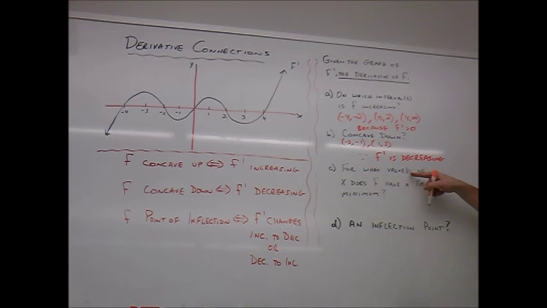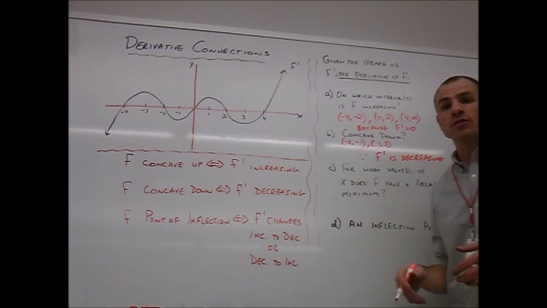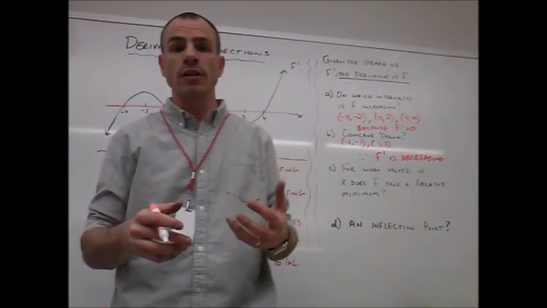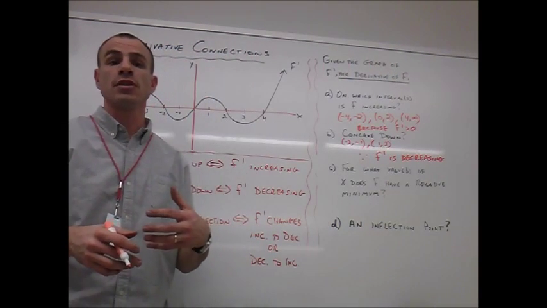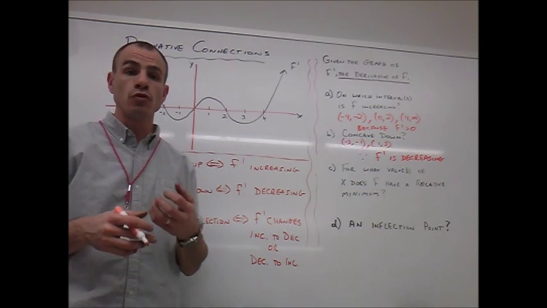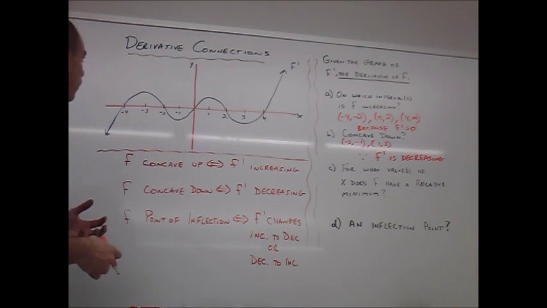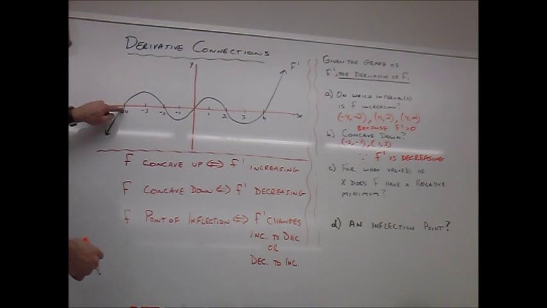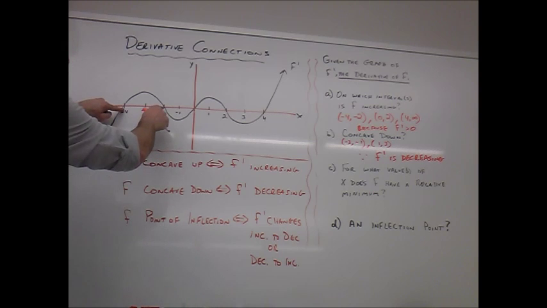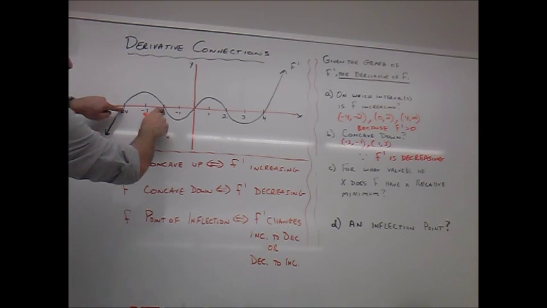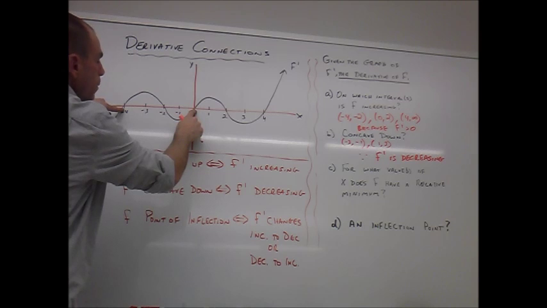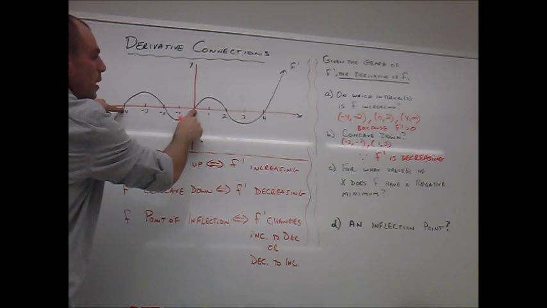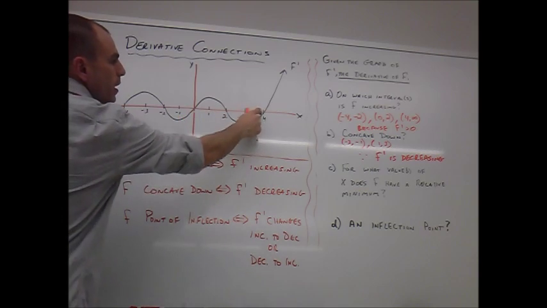For what value or values of x does f have a relative minimum? Okay, so that's from previously. A relative min occurs when the derivative changes from negative to positive. So if we look at our graph, that's a change from negative to positive. That's a change from positive to negative, so we're going to ignore that one. Here's a second time that we have a relative min, and we have a third one right there at 4.